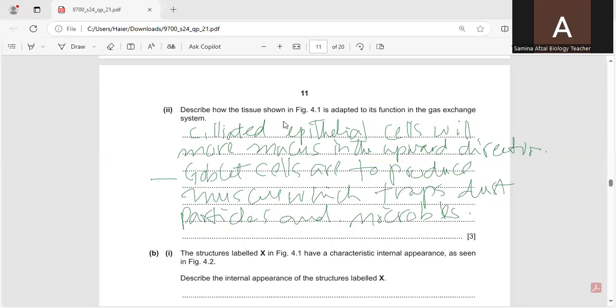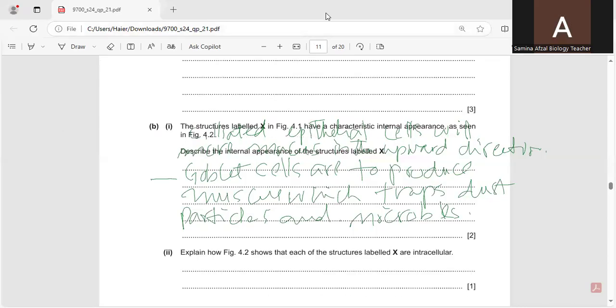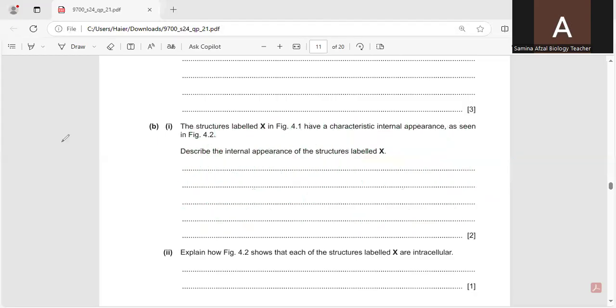The next question is: the structure labeled X has a characteristic internal appearance as seen in figure 4.2. Describe the internal appearance of the structure labeled X.